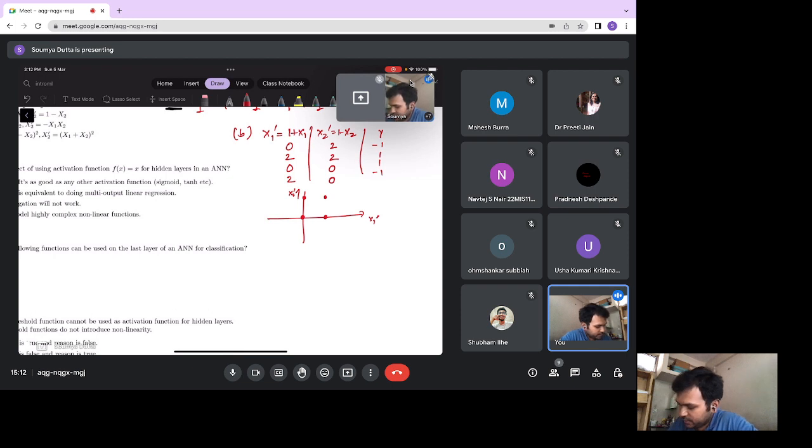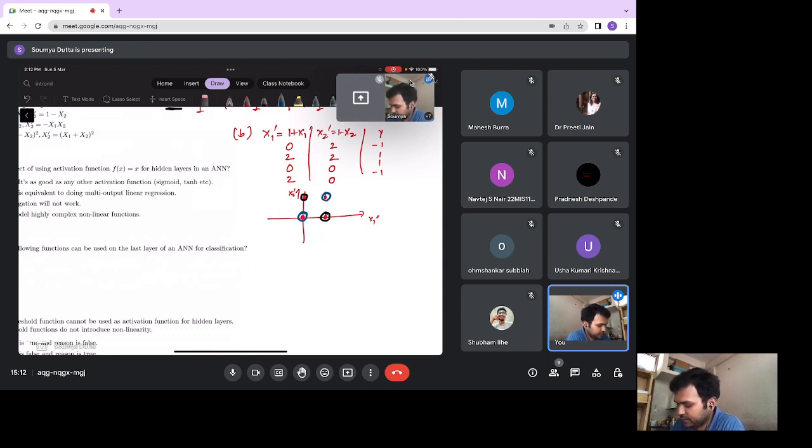Now let's mark the two classes. The first and the third point, so 0 comma 2, which means this particular point, and 2 comma 0, which is this particular point, they need to be in the same class. They need to be on the same side of the line that you would be drawing, and the other two will need to be on the same side of the line that you are drawing.